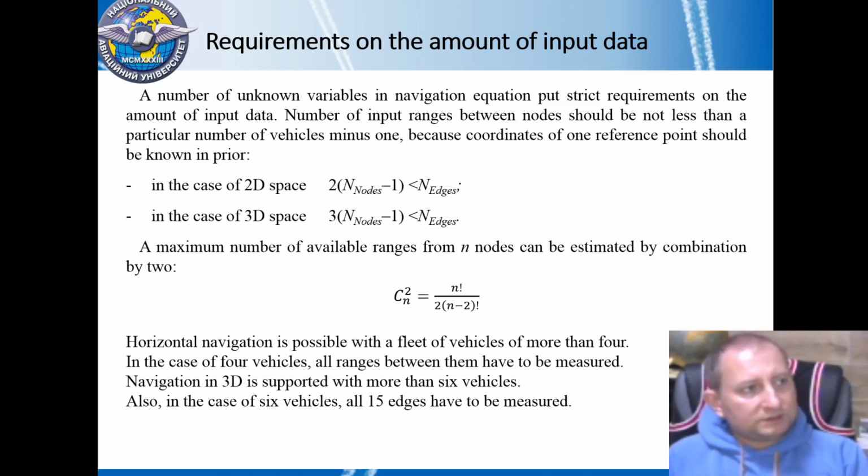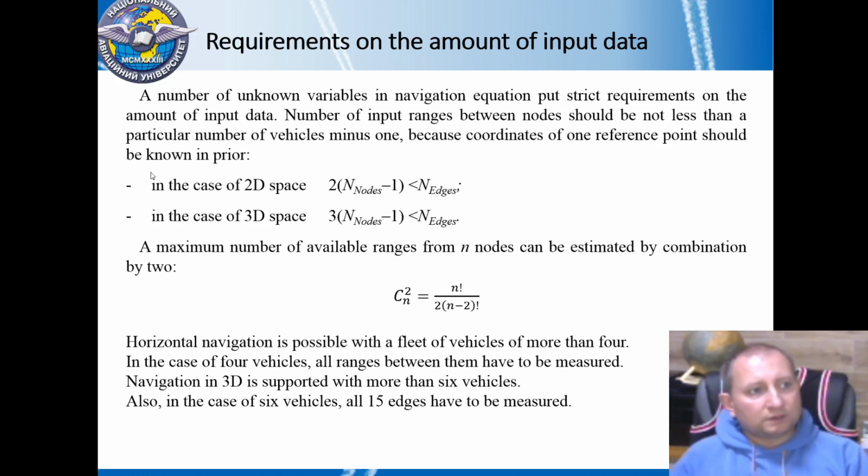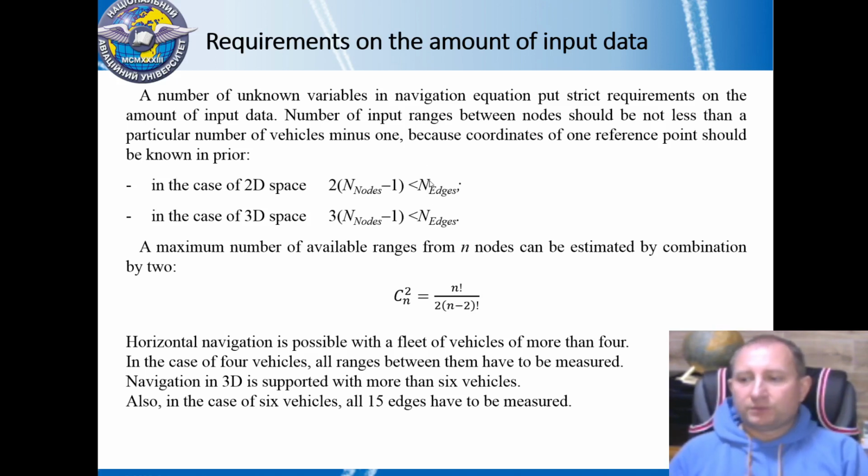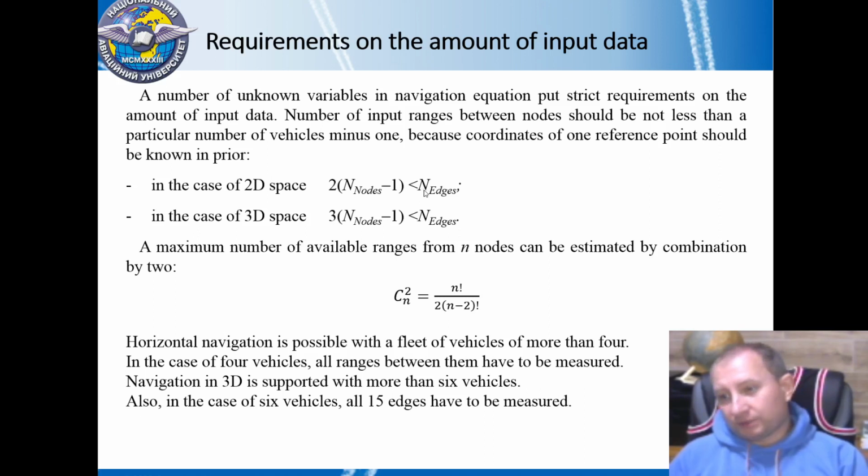And in this case, the perils for known nodes and for the known number of edges, or measured number of edges, are as follows. For two-dimensional space we've got this formula, and for three-dimensional space it's like this one.